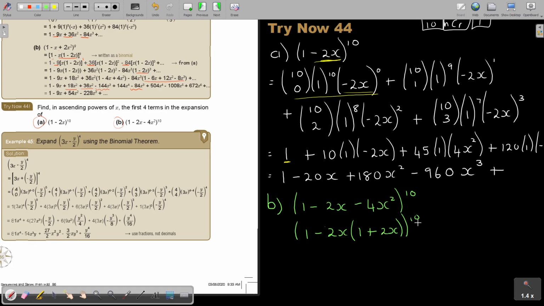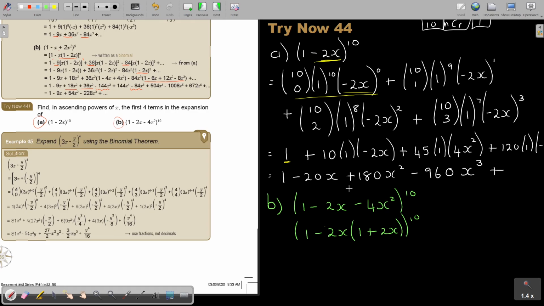Now, I'm going to use number A to help me in B. I will show you now at the end that you could have used the other method where you just, again, take this as your first term, this as your second term, and just work it out. You could have used that method also. But because I want to emphasize, now, very, very, very important.